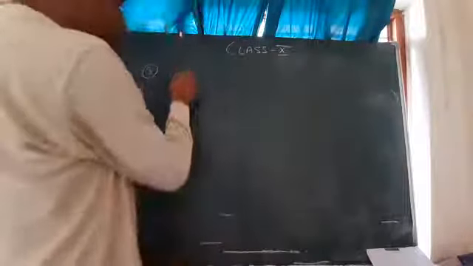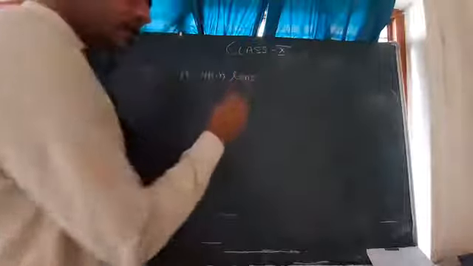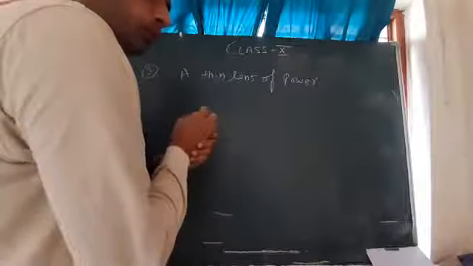Another numerical based on this concept. Let it be the third numerical. A thin lens of focal length, in this case not power, focal length is given, not power.